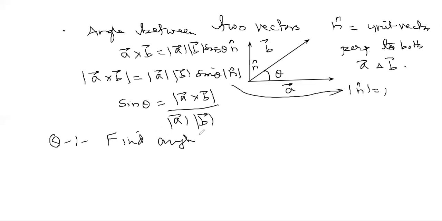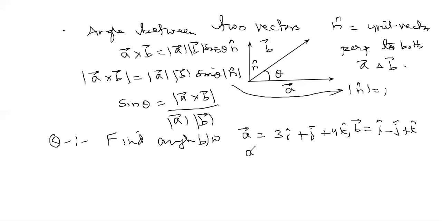Find the angle between the vectors A and B, where vector A is equal to 3i plus j plus 4k, and vector B is given as i minus j plus k. Okay, so the magnitude of A we can find out directly here.